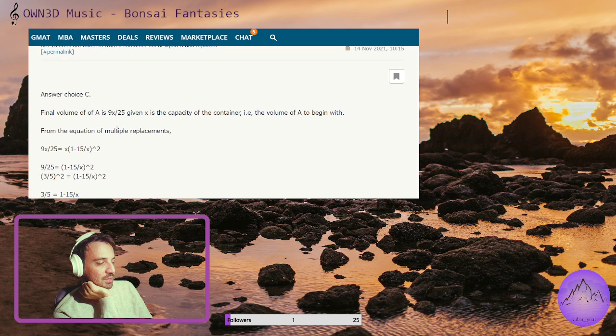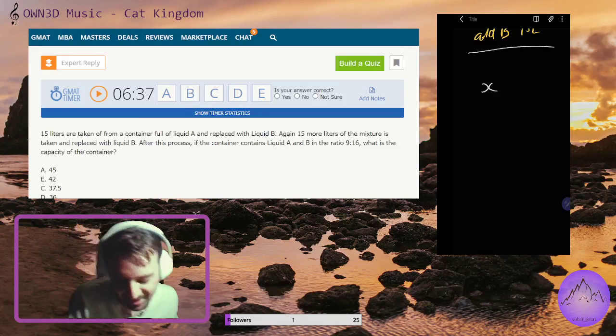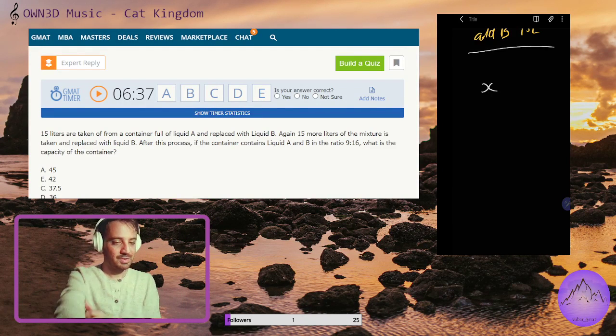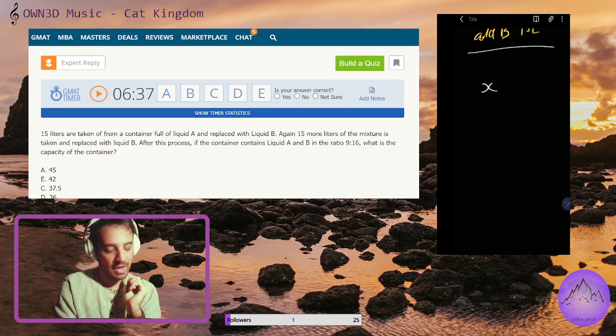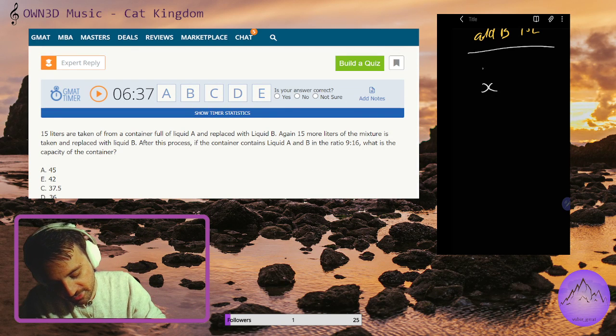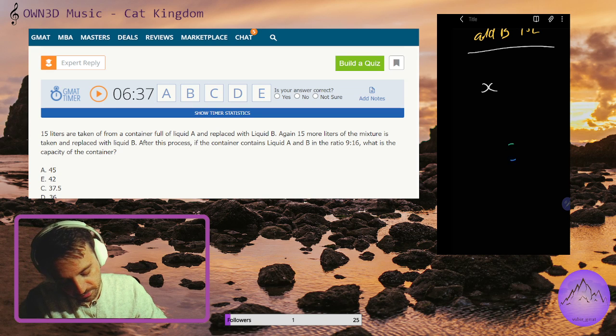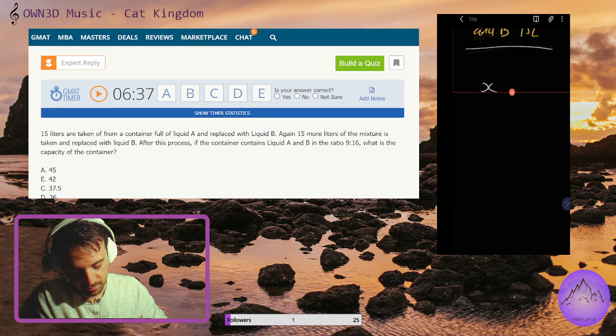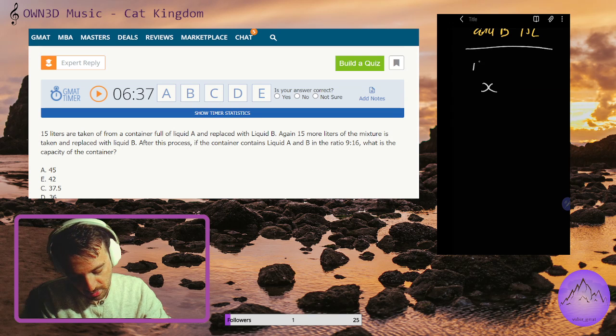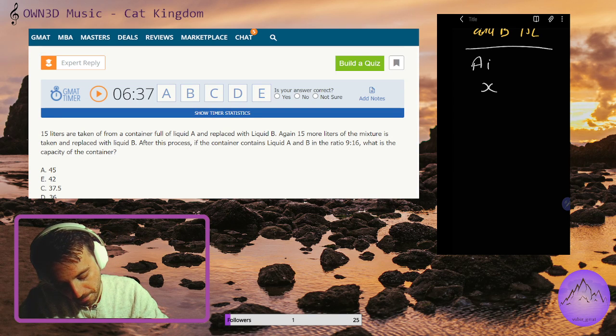Final volume of A is, that's kind of the obvious thing, isn't it? So we know that at the start, A equals the total, equals X liters. Let's say that.